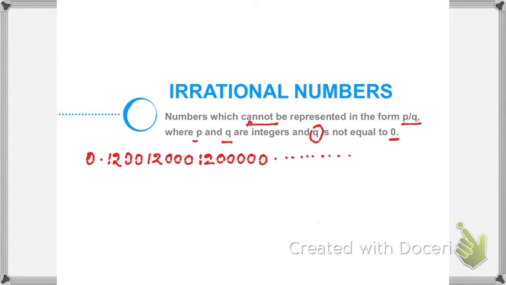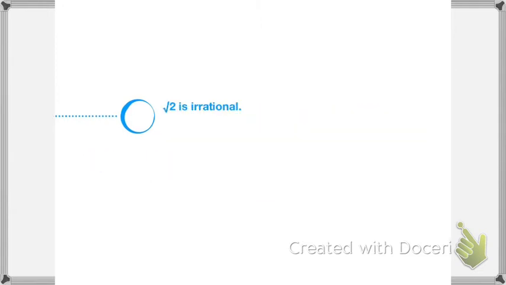Here there is no repetition, we cannot get any repeating values for these digits, so we cannot put any bar sign, and this is why it cannot be represented in the form of p by q. That is why this is an irrational number.